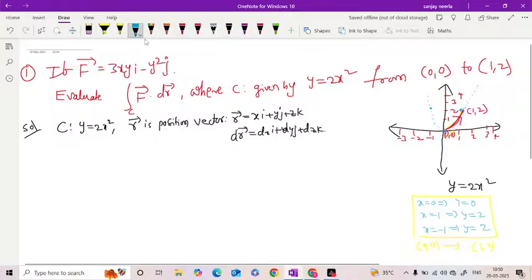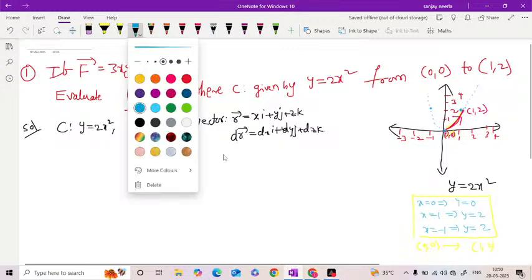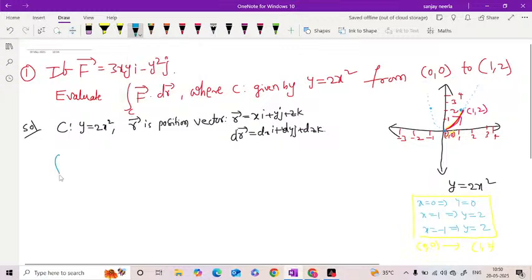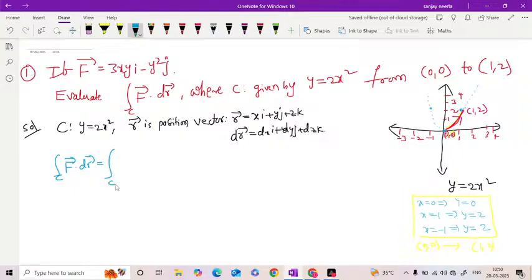Now come to the line integral f dot dr. That means the integration over c of f, which is 3xy i minus y square j, dot dx i plus dy j plus dz k, according to the dot product of these two vectors.